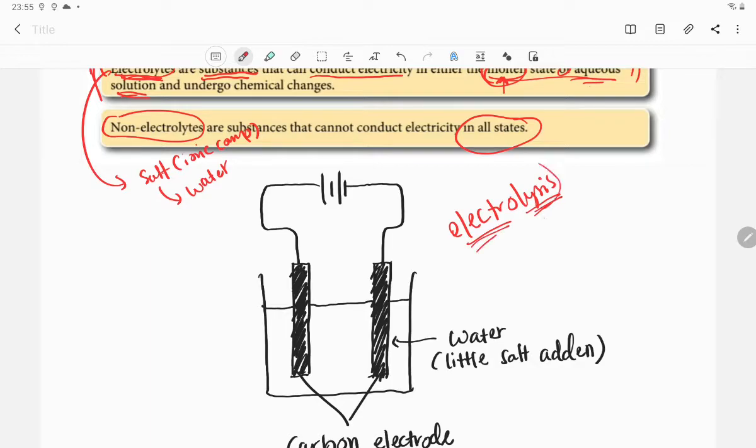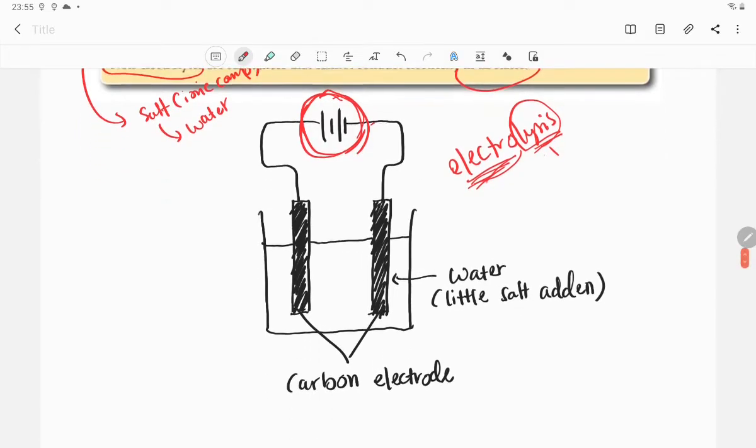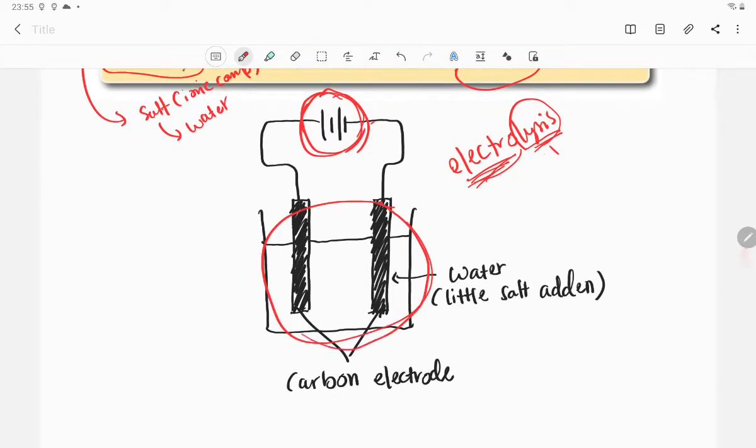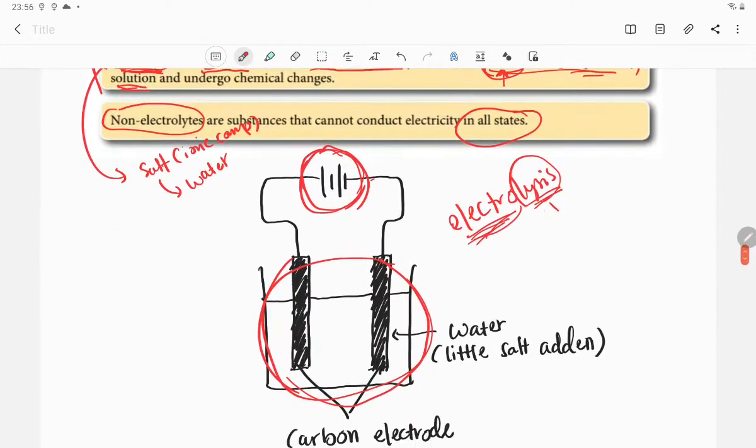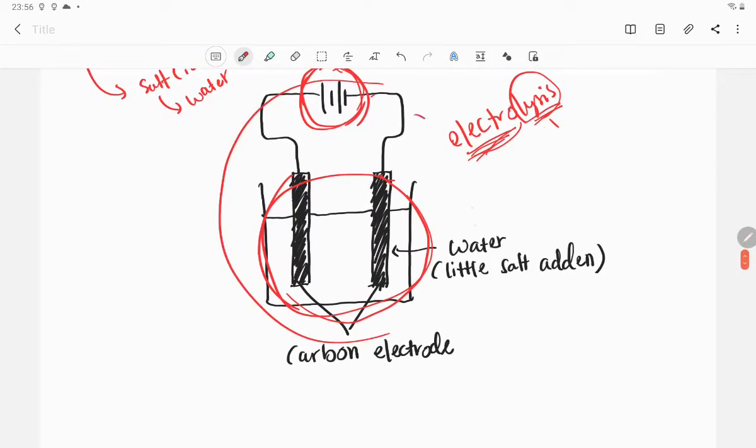Actually lysis is a chemical process to break down chemicals by using electrical energy. That's why we need to have a power supply here. So when we switch on the current, it will reach this part, so there will be a chemical reaction. So still, this we call the electrolytic cell.